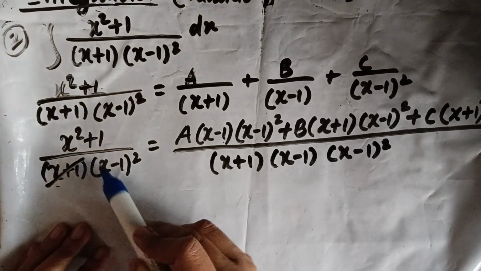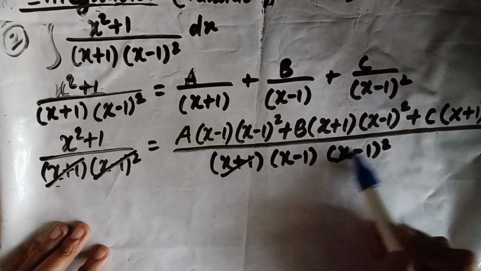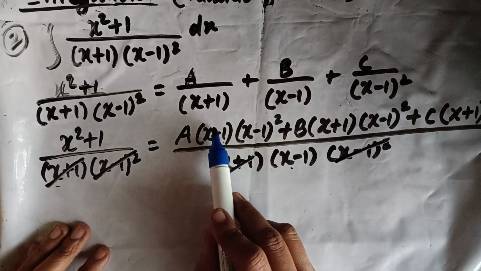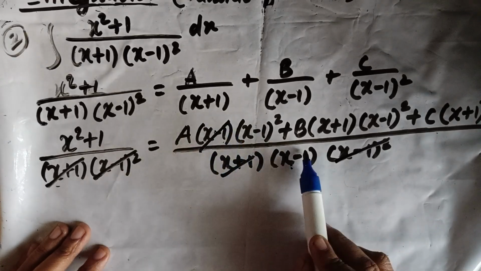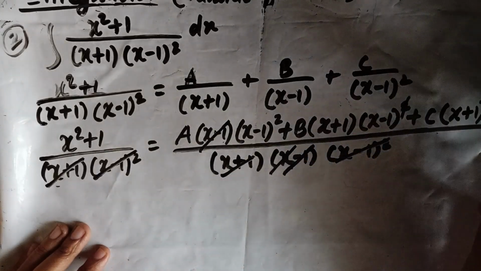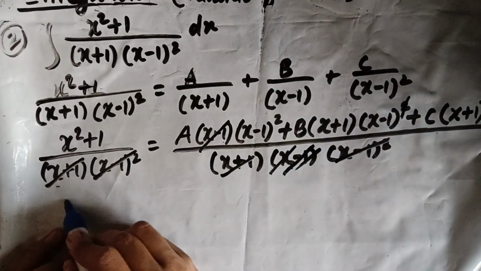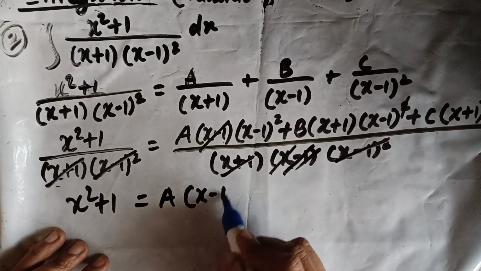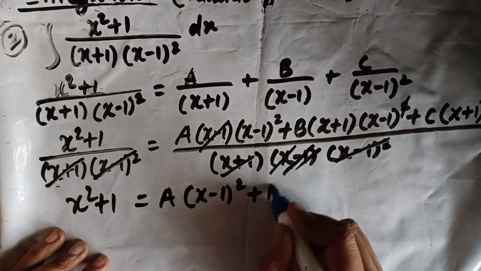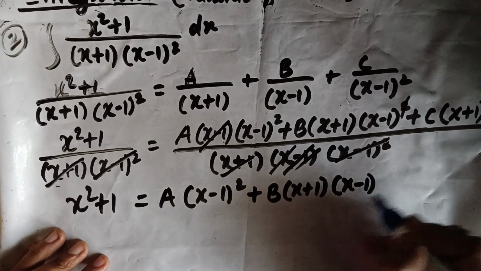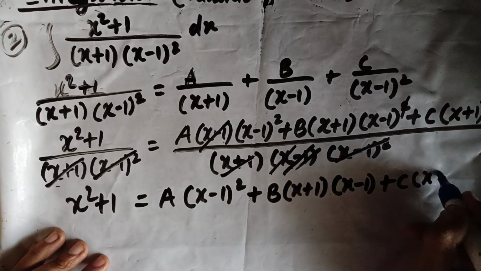So you can cancel these terms. Finally you will get x square plus 1 equal to A (x minus 1) the whole square plus B (x plus 1)(x minus 1) plus C (x plus 1).